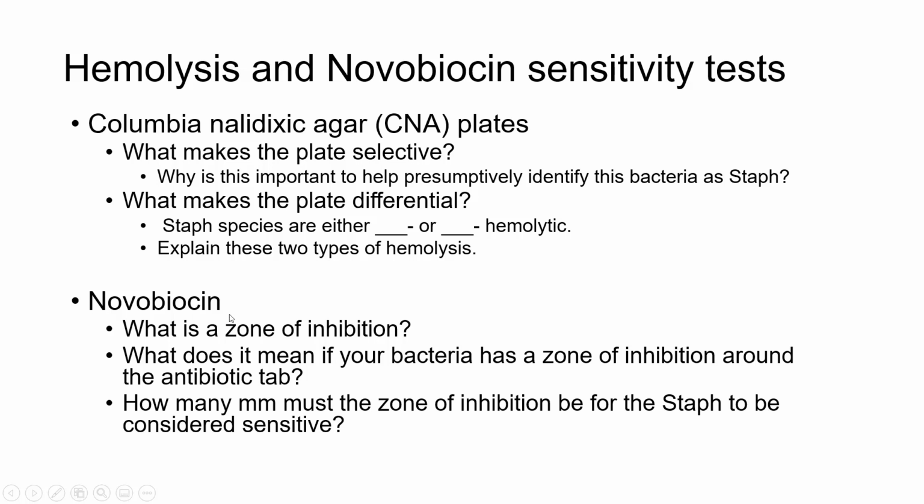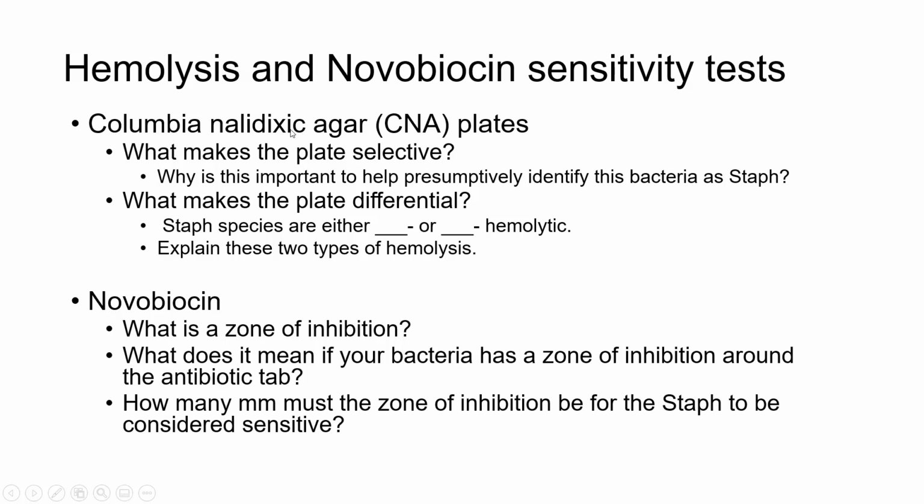In this case, the name of the antibiotic is Novobiocin. We usually look for about a 17 millimeter zone of inhibition in order for the staph to be considered sensitive. For this, the Columbia nalidixic agar plate, that's a plate that contains whole blood, so it's going to be red, and it has this antimicrobial chemical called nalidixic acid.